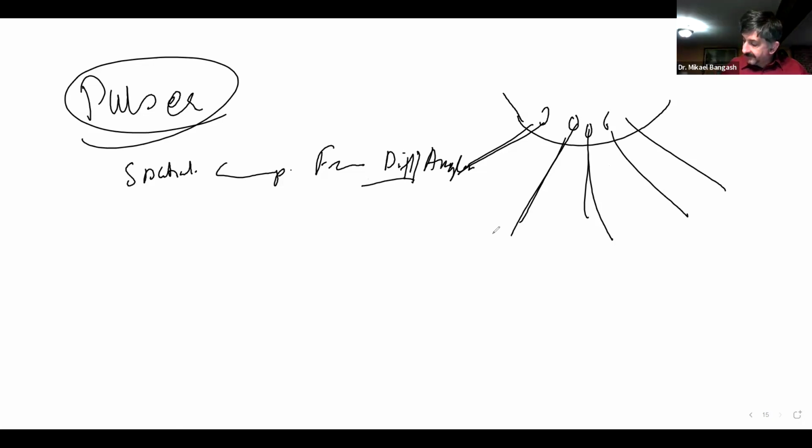Question number 15. All of the following are advantages of PACS systems except. Now, what is PACS? Your computer. So if you know the advantages of your computer, good.